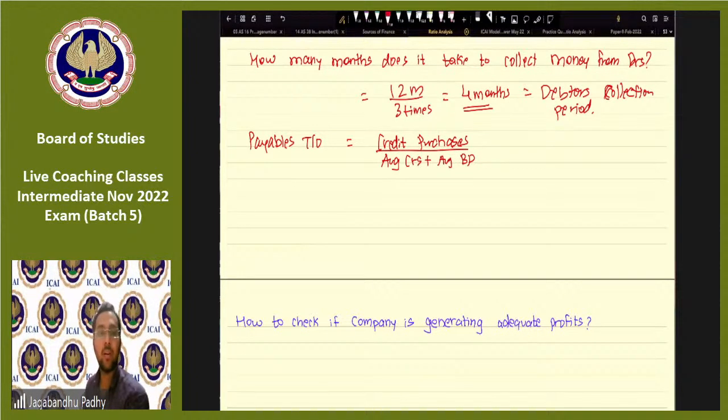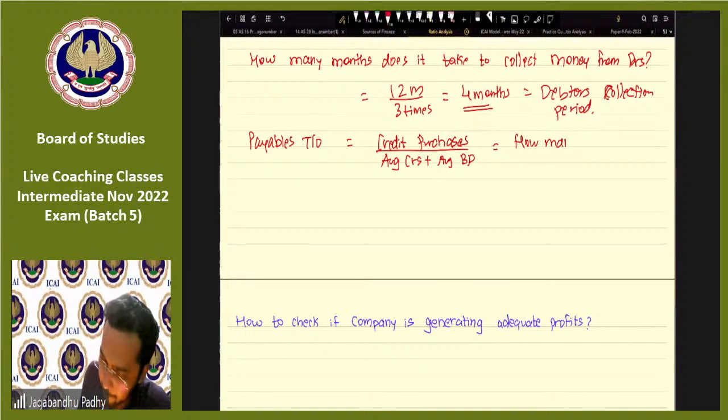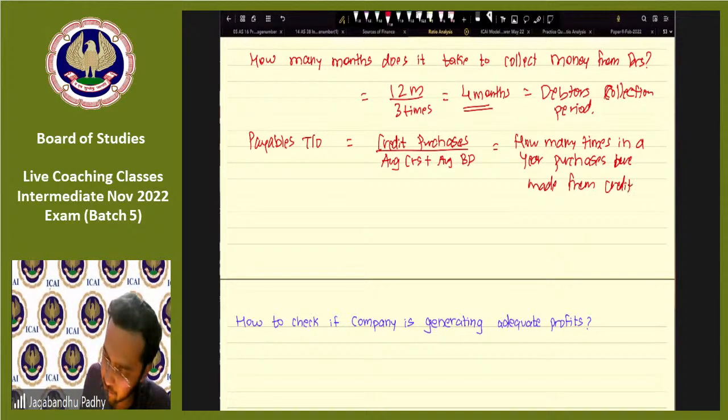This is again going to tell you how many times in a year purchases are made from creditors.